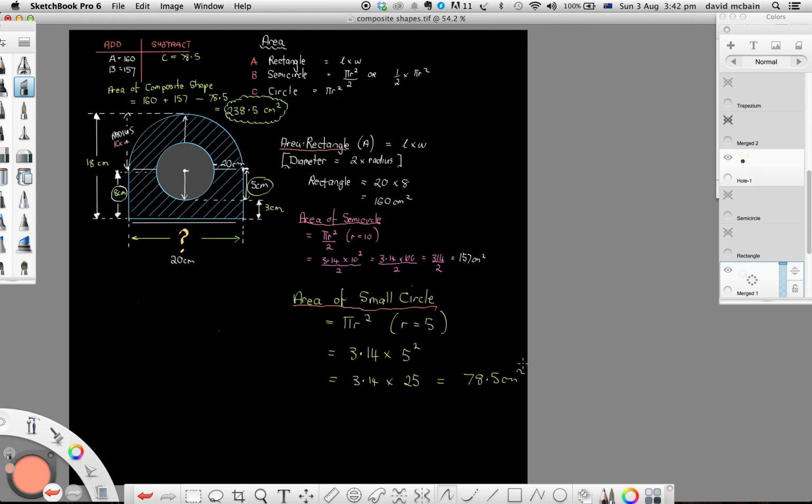If you just wrote this last step here and nothing else, for example, when you're working out the area of the small circle, when it comes to actually working it out at the end, you will forget what that value stood for. So you need to have the working showing how you got there, but you also need to use a subheading to tell you what that calculation represents.